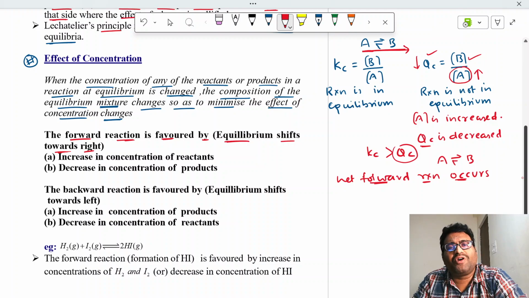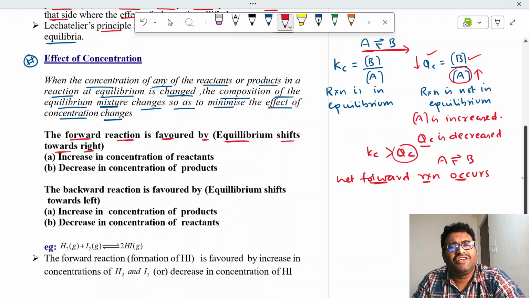The simple understanding is that when you add reactant, net forward reaction occurs. When you add product, net backward reaction occurs. How to remember? If you add reactant, that reactant must decrease, because equilibrium is disturbed by the added reactant.